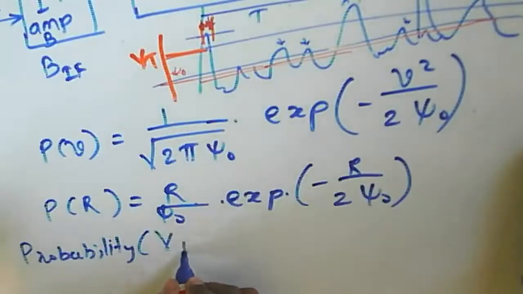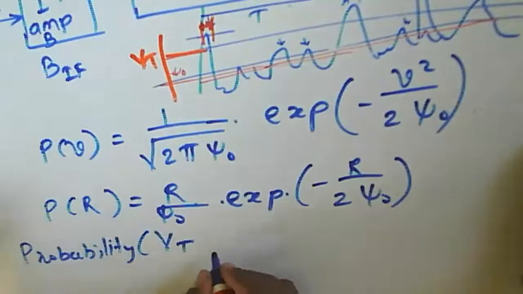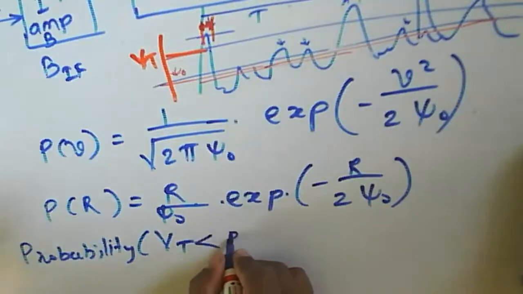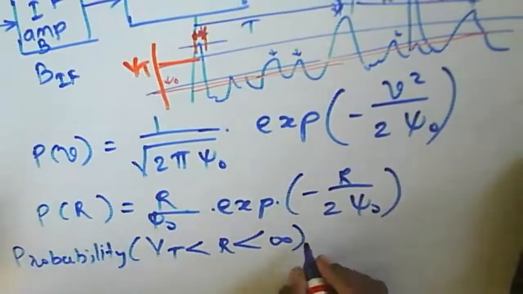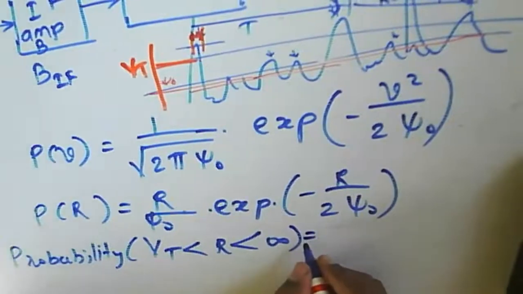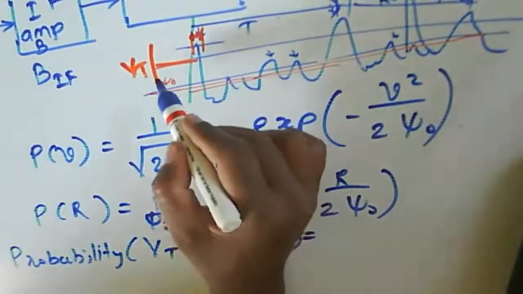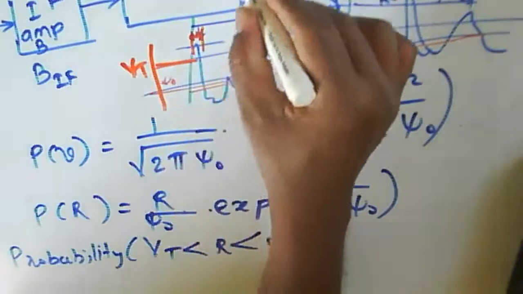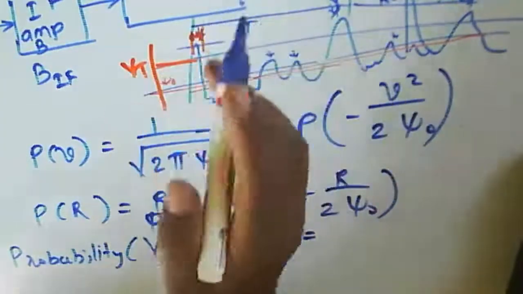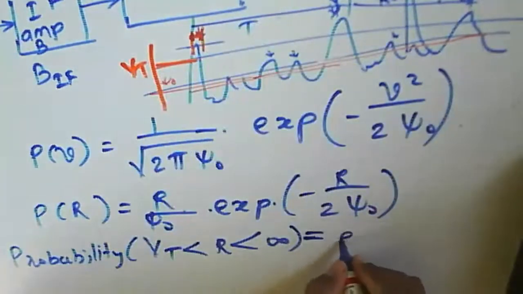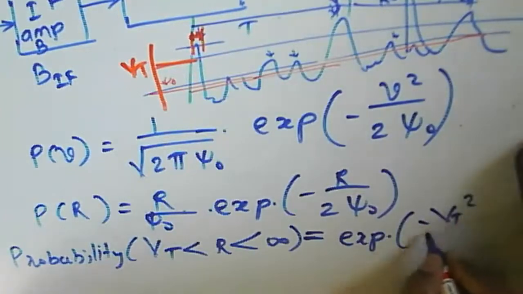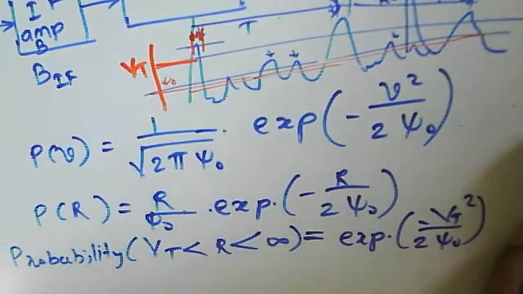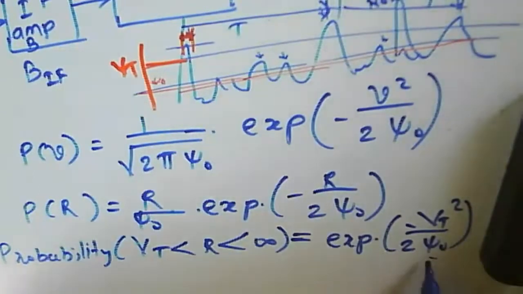We say a threshold value Vt here, and we are expecting the envelope within that particular period of time, from this Vt to infinity. I'll write the equation directly: exponential of minus Vt square by twice psi, where psi is the mean square.